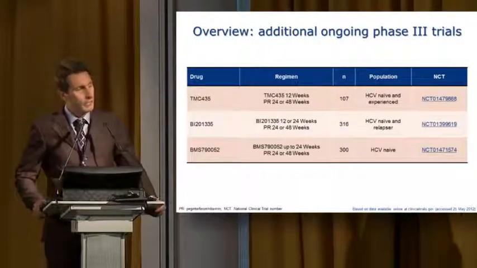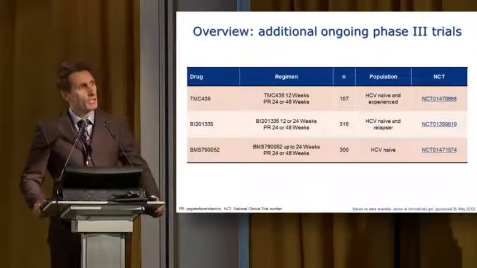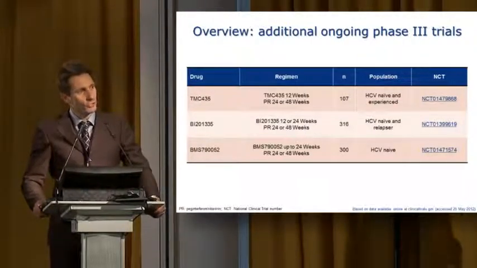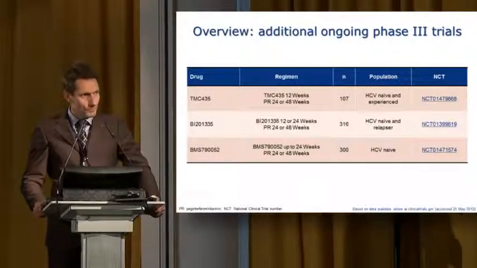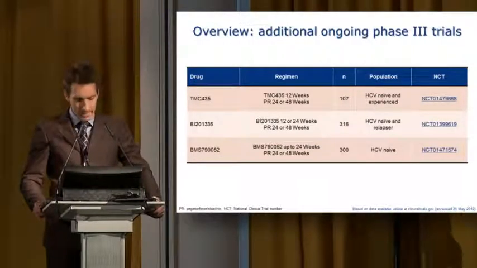And some preliminary data of that have been presented at CROI this year in February, looking quite promising with a very good safety profile and also a good efficacy profile in all genotypes except for genotype 3.